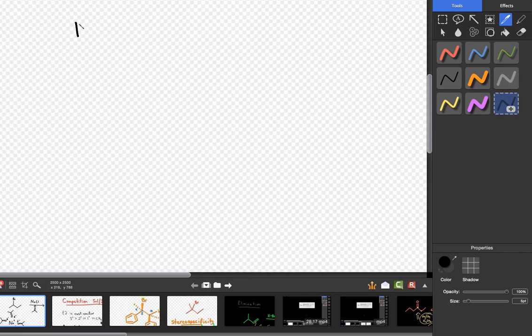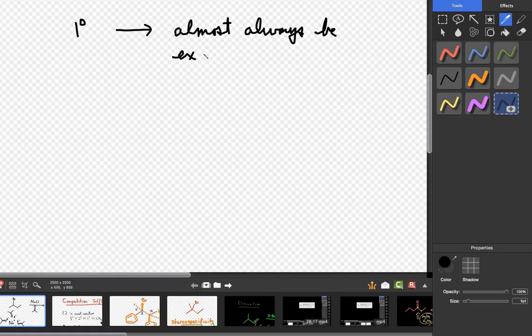What about primary substrates? Primary substrates will almost always be exclusively SN2. The only way I can make this E2 is if I have a really big, bulky base.